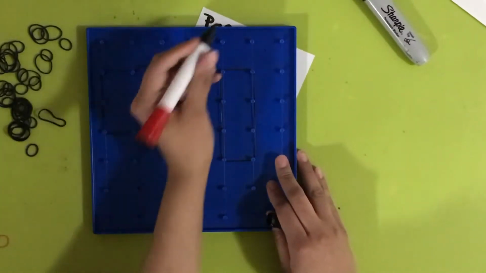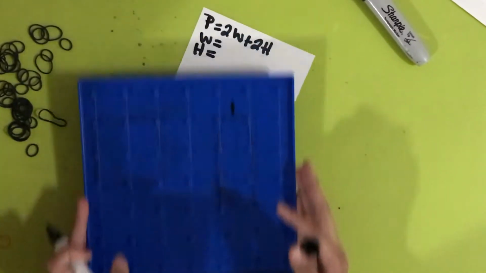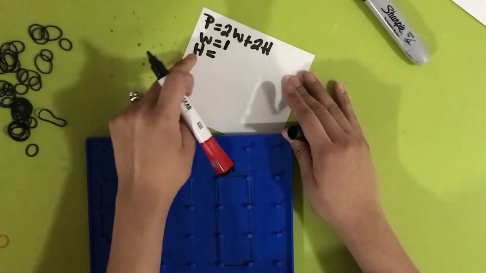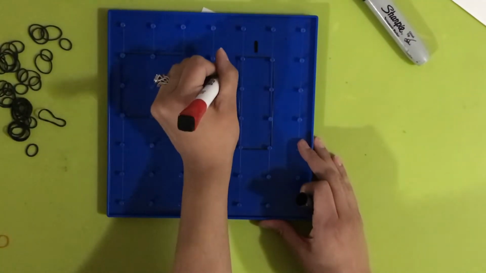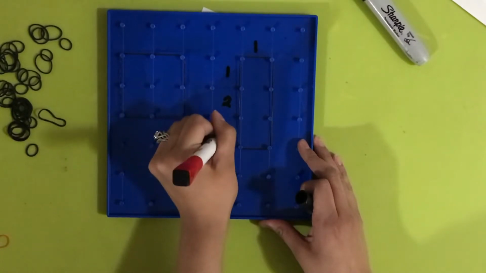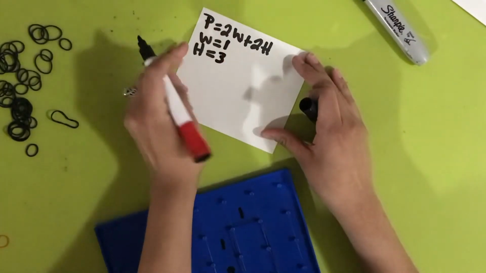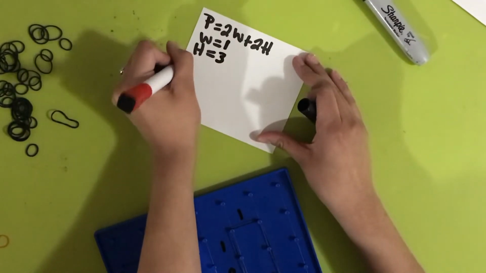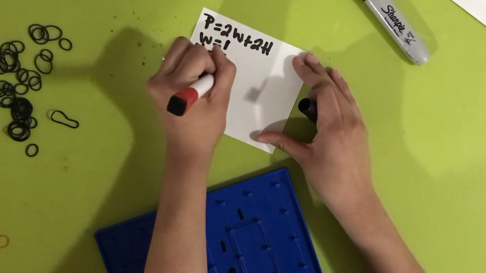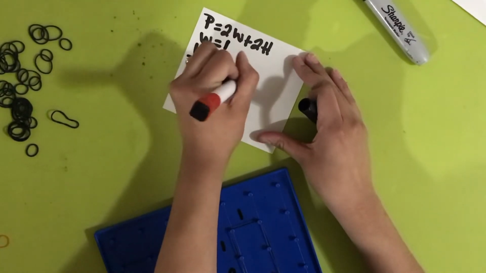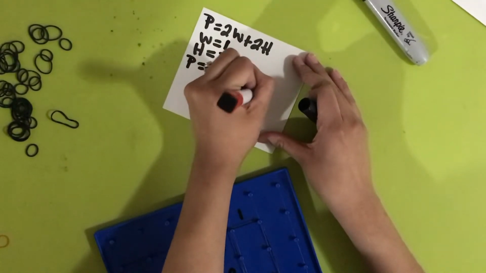So W will be the spaces across, 1, and H, height, will be the spaces down, 1, 2, 3. We can plug these numbers into our formula. P equals 2 times 1 plus 2 times 3.